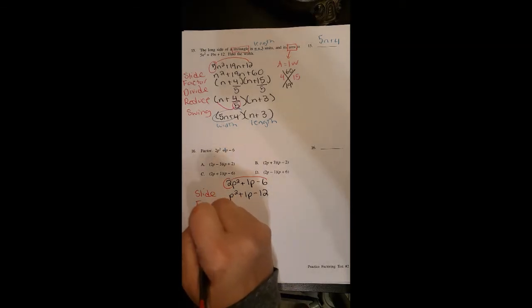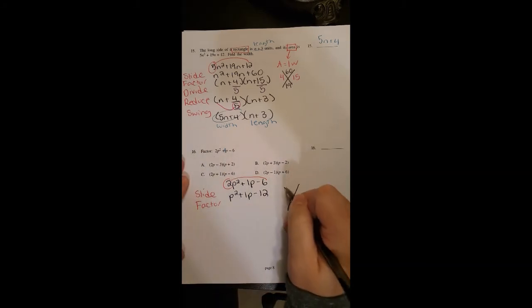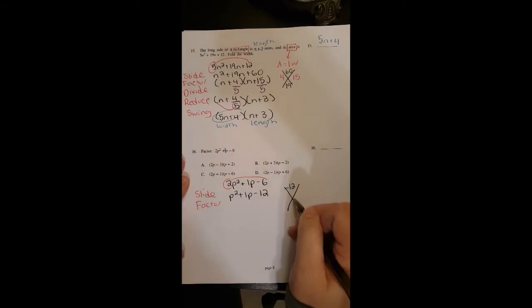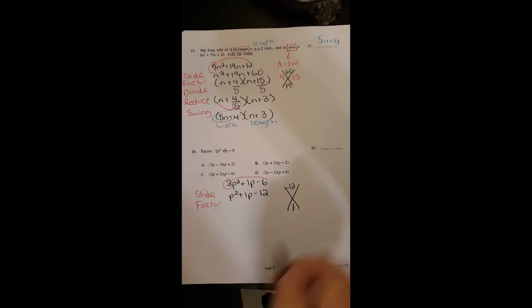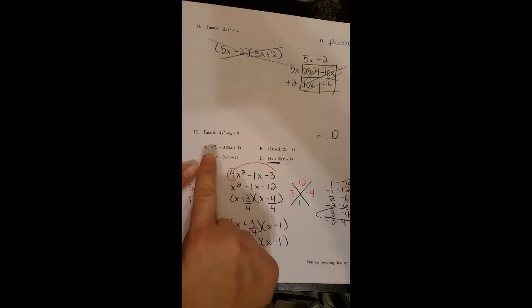So our next step is factor. And when we factor, we're looking for two numbers that multiply to give us that last number, negative 12, and add to give us our middle number, that 1. So in this problem, look, this is like number 12, except we have different numbers.